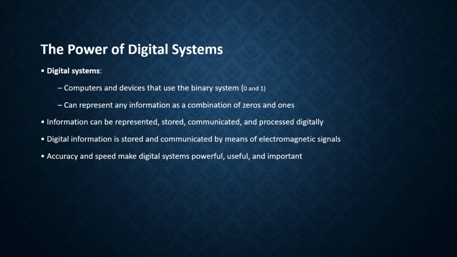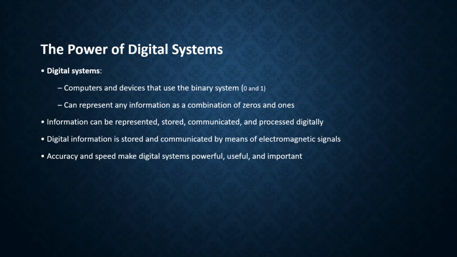So that is why we are using digital systems that use the binary system. It is zeros and ones. So combinations of zeros and ones are stored inside the computer.